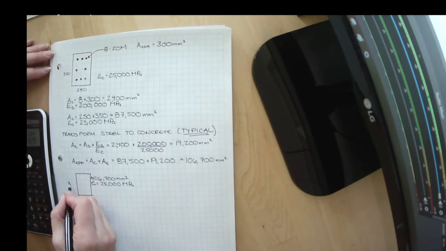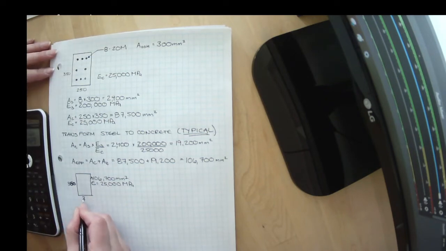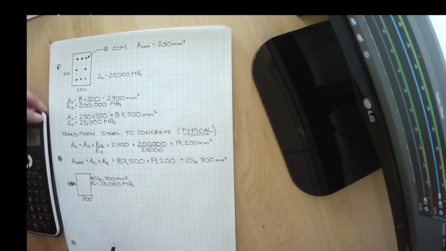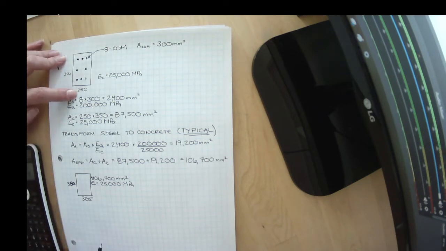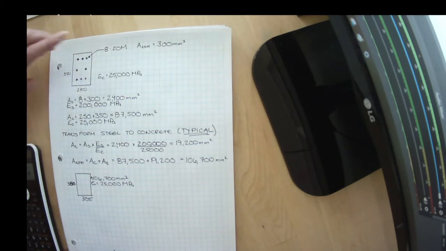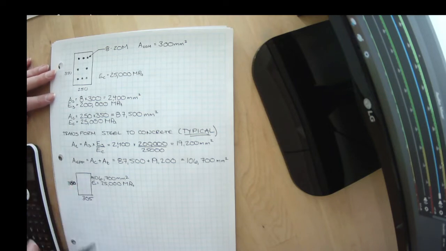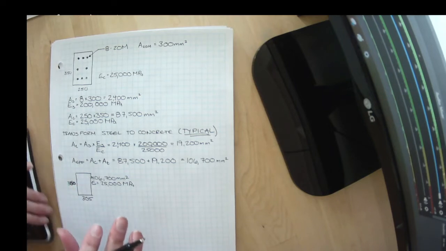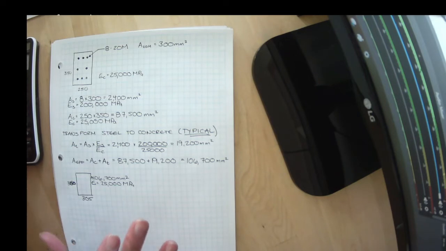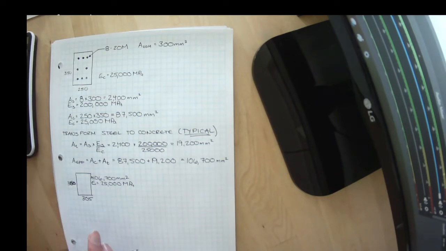So instead of having a 350 by 250 concrete column with 820M bars in it, it's the same as a 350 by 305 concrete column with no steel in it, when we're talking about certain aspects of the design.